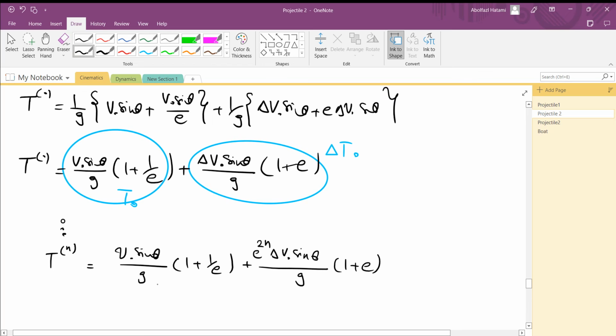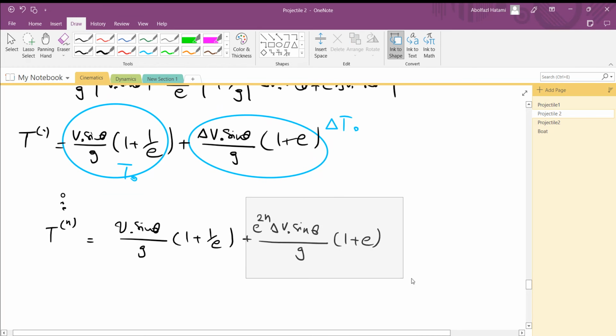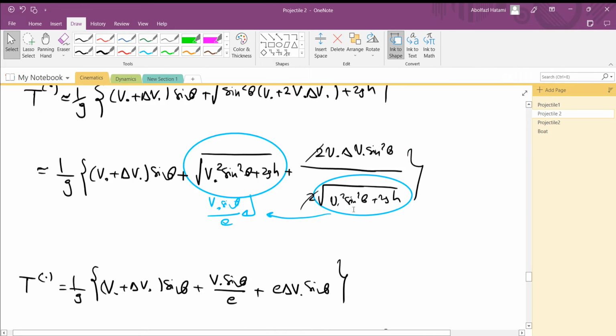So for the tn, I will generalize it for n. So we found tn, and we found its changes. We found its changes if we have a little delta v0.